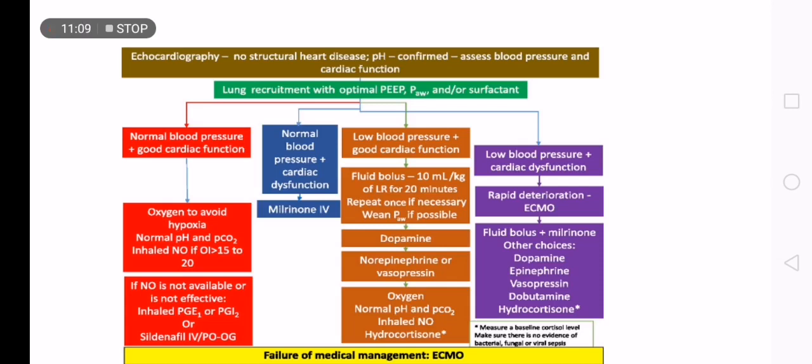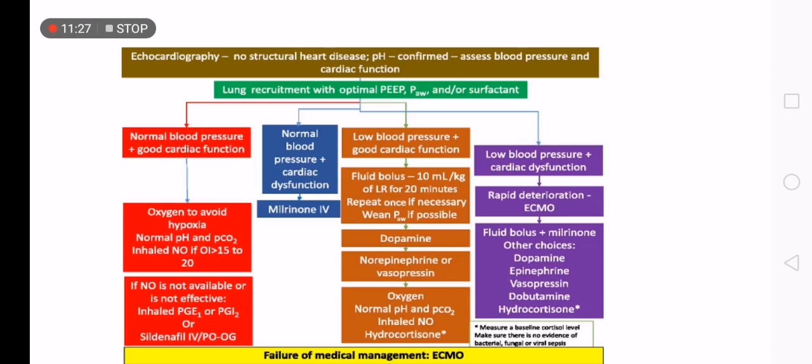If there is normal blood pressure and cardiac dysfunction, milrinone is the drug of choice to optimize and elevate the cardiac functions and also vasodilate the pulmonary vessels which are vasoconstricted.